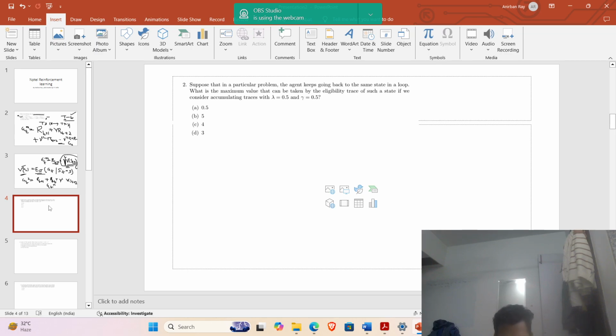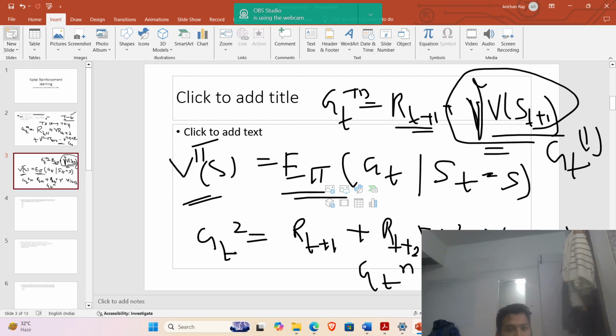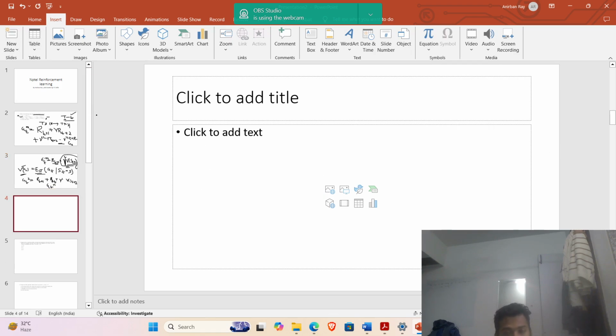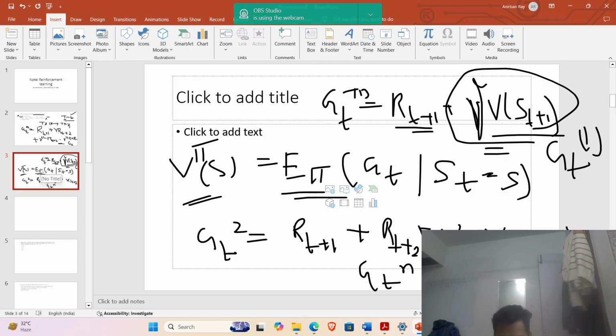We have not defined the eligibility traces till this point, which will be required for this question. So extending from our derivation here, we proceed further to get to our equation that will help us to solve the question. The first thing to understand is that in this week it is very important to understand the distinction between online and offline method.